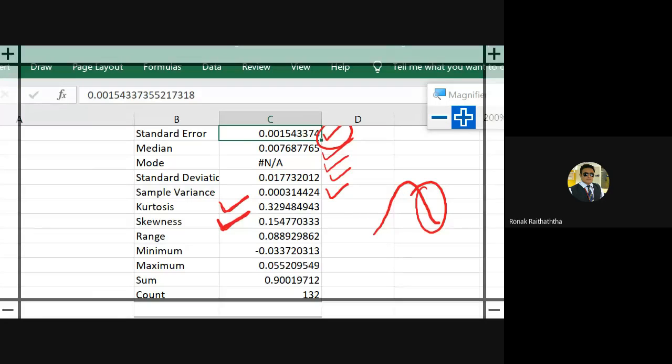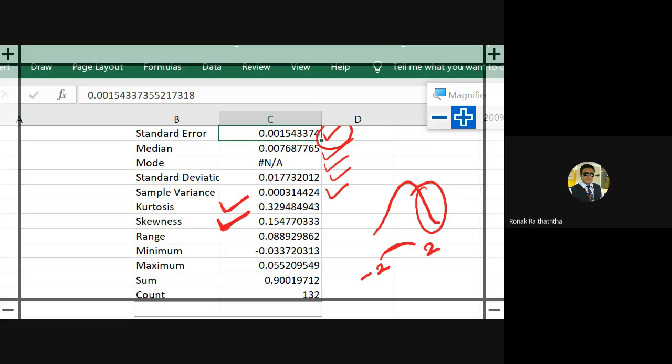If I refer to certain research papers, they say that as far as kurtosis is concerned, some people have taken it from -2 to +2, and some from -3 to +3. Even if I accept -2 to +2, this is the range where the kurtosis will be acceptable. The data can be considered normally distributed data.